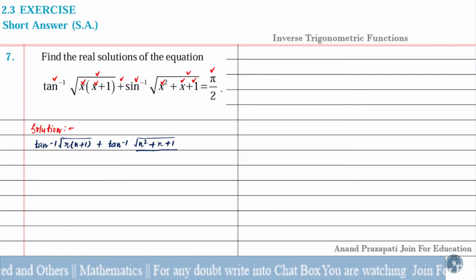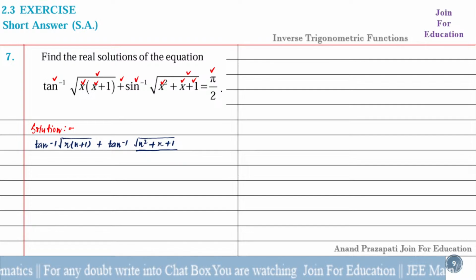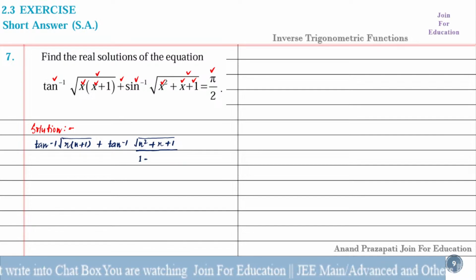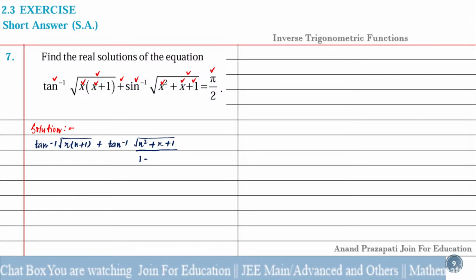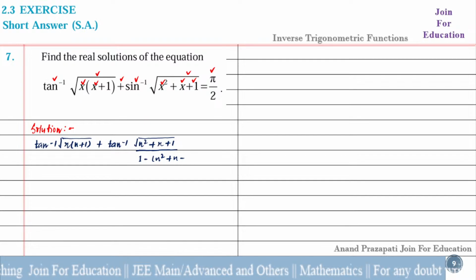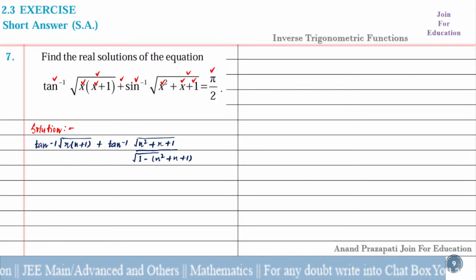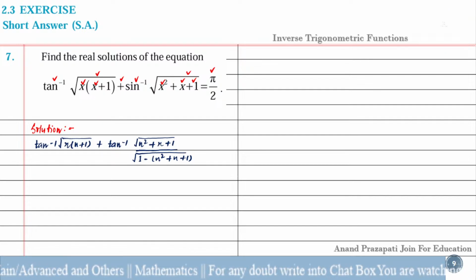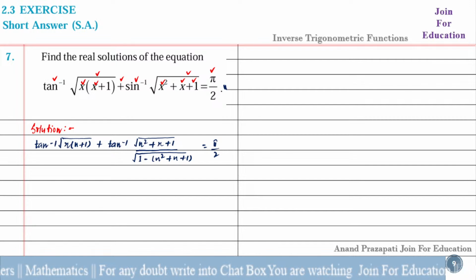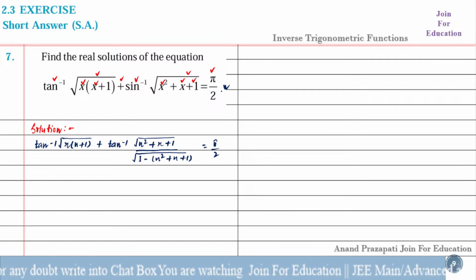So b equal to root of h square minus p square. So here 1 square equal to 1, and p square equal to x square plus x plus 1, and we write here over root equal to pi by 2. Is there any problem understanding up to this step?